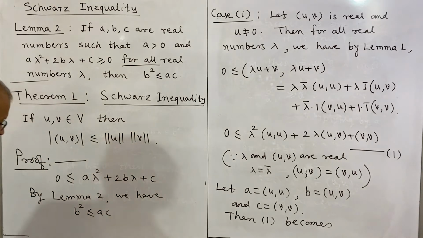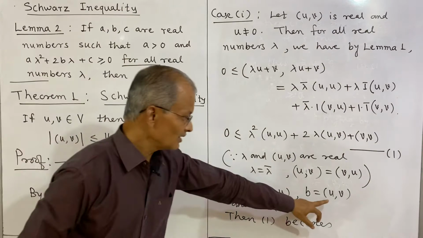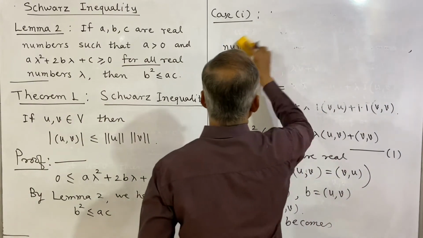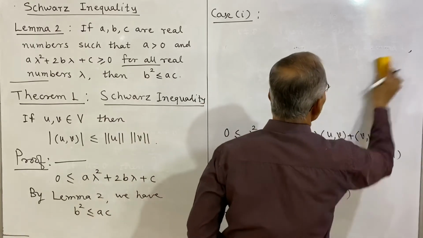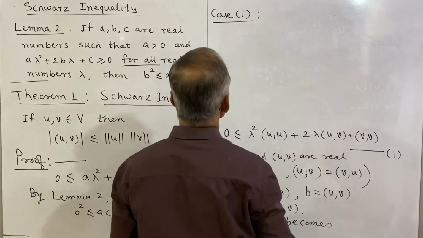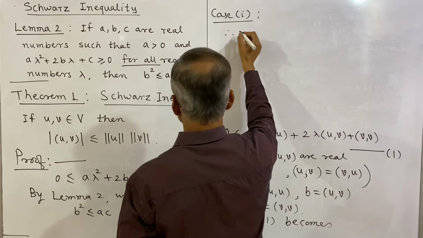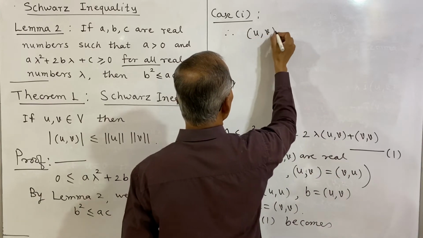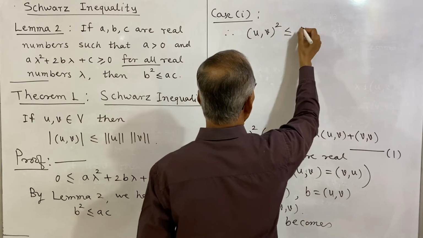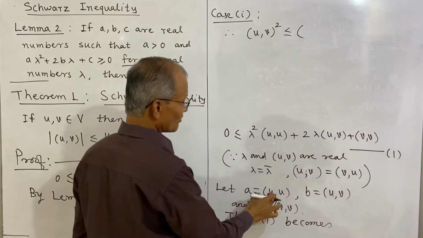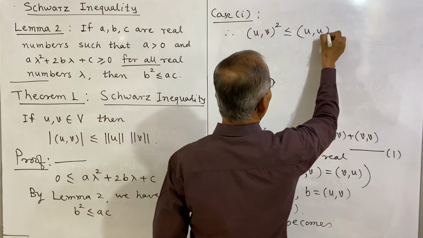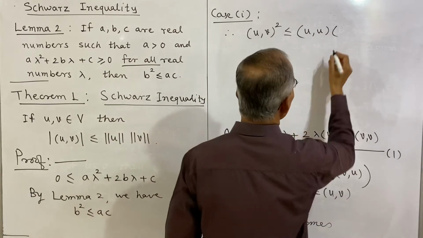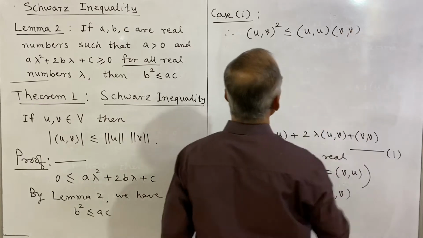But what is b square? b is this inner product, so therefore b square means square of the inner product of u and v is less than or equal to a, meaning the inner product of u with u, and into c, meaning the inner product of v with v.